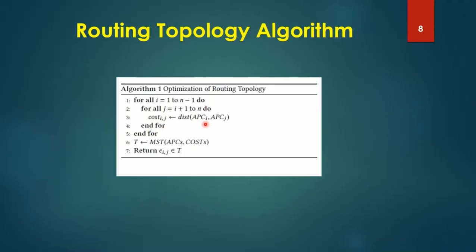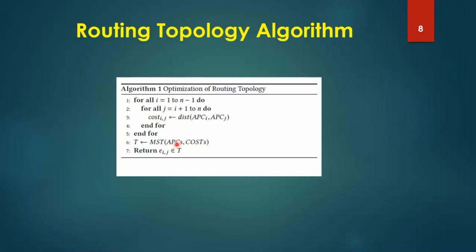So for example, I have to connect an ith APC to a jth APC. I need to find the cost associated with it, and then I will do a minimum spanning tree between the APCs and the cost. So this algorithm is basically saying that I have to find the minimal and the most optimal point between two APCs.